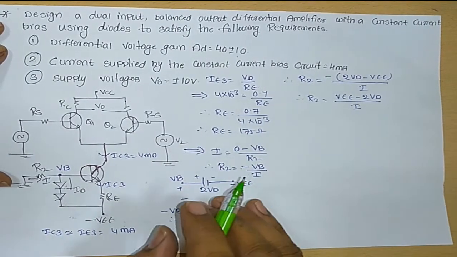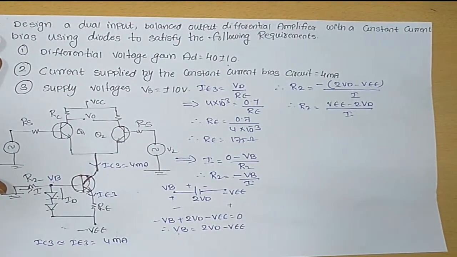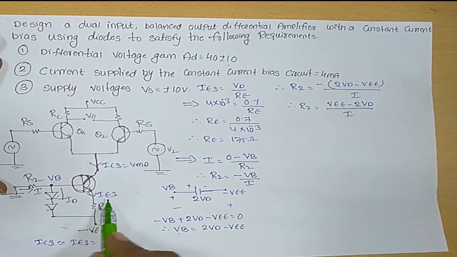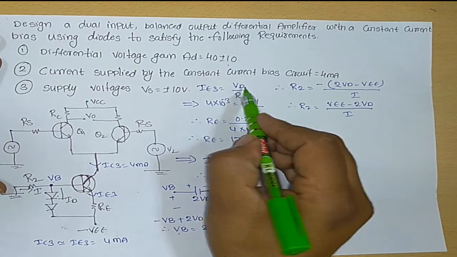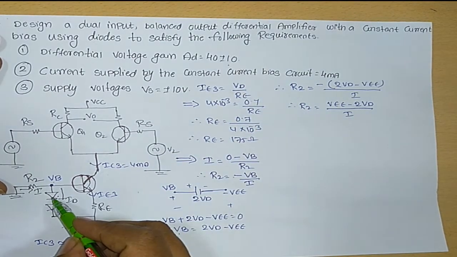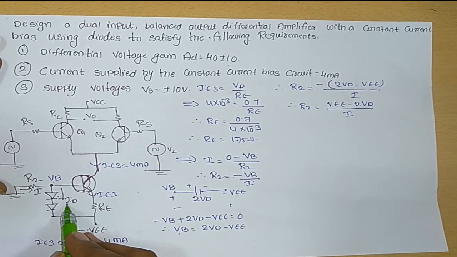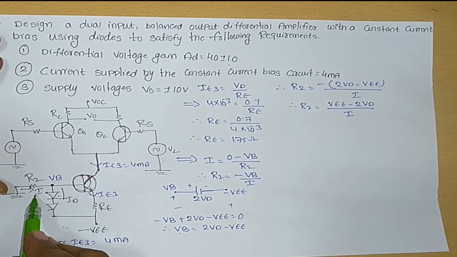Here we need to remember one important point: in this circuit the emitter current IE3 is dependent on the VD. The voltage drop across the diode is a function of the ID, and this diode current ID is a part of this overall current I. Clear?